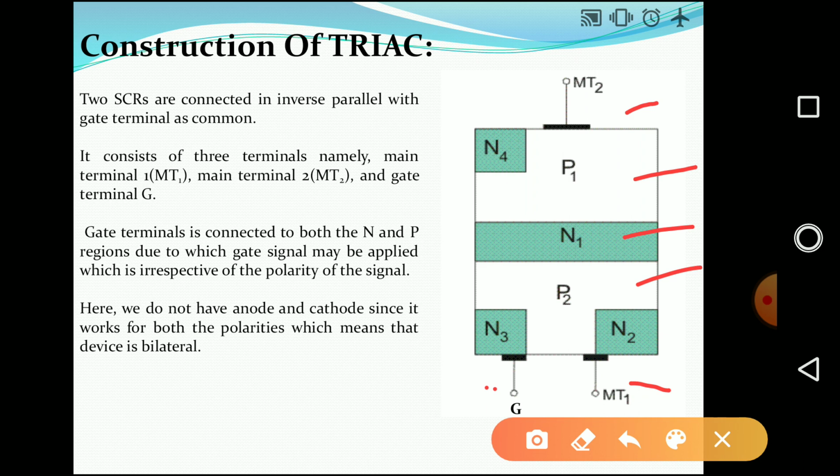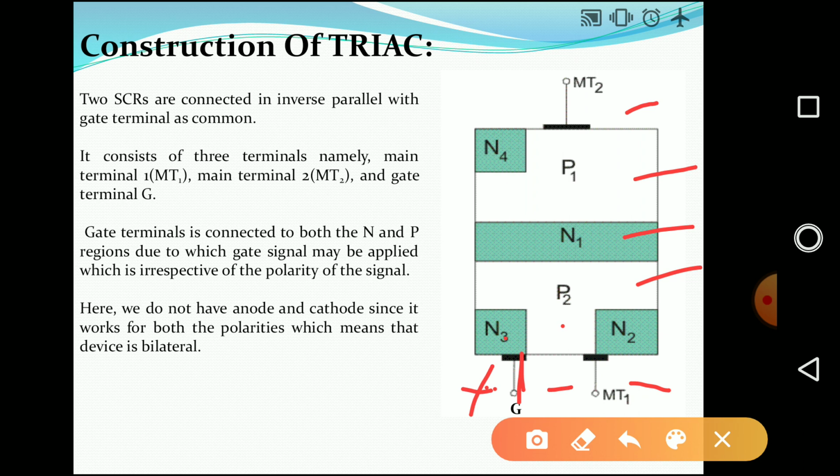Next, the gate terminal is connected to both the N and P regions. Here the gate terminal is connected to the N3 layer as well as the P2 layer, due to which a gate signal may be applied irrespective of the polarity of the signal. As the gate is connected to the N as well as the P layer, we can apply the supply at the gate either positive or negative.